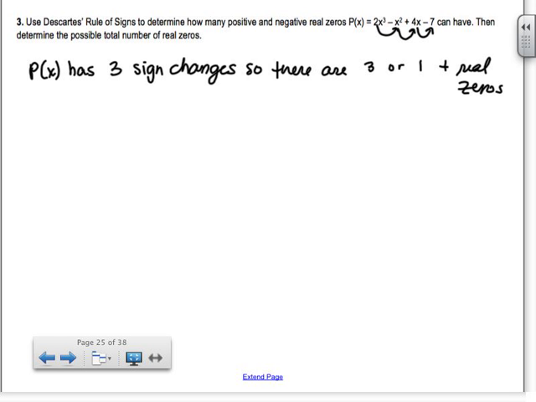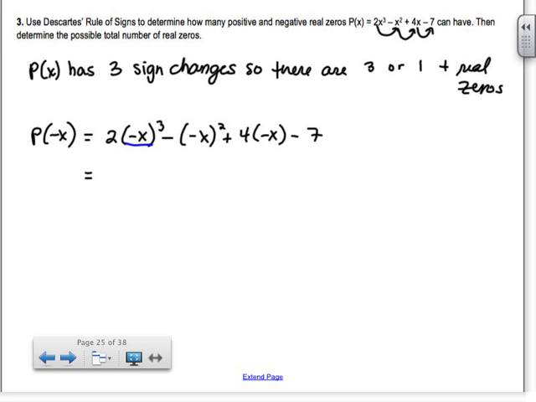All right, now p of negative x, when you compute it, you have 2 times negative x cubed minus negative x squared plus 4 times negative x minus 7. If you have a negative number and you're cubing it, you get a negative number in the end. So it's negative 2x cubed.